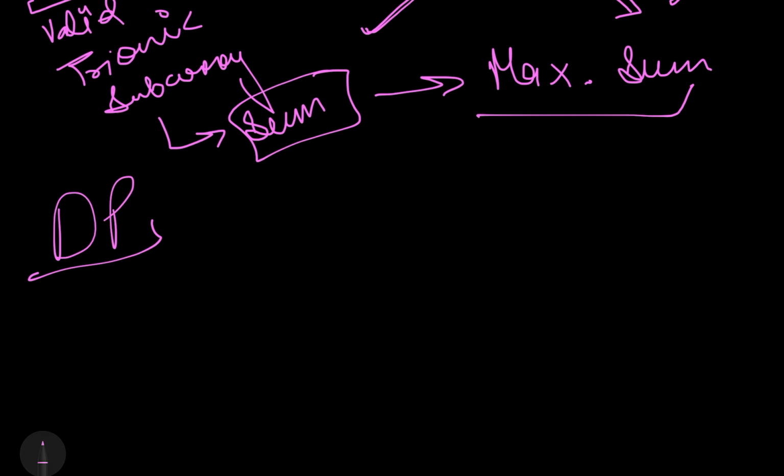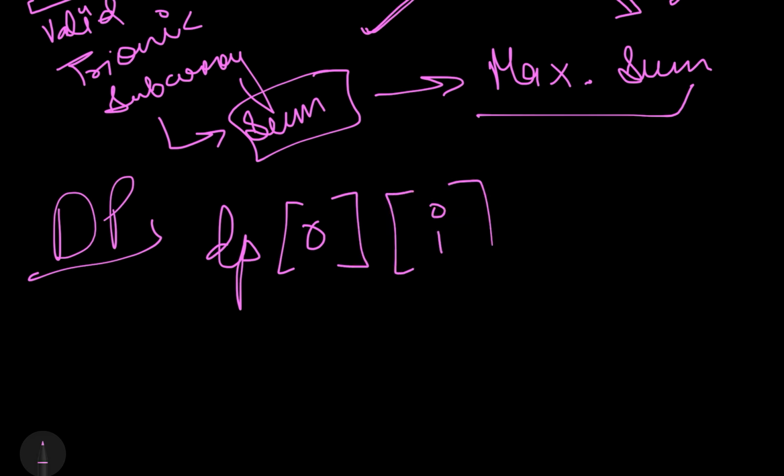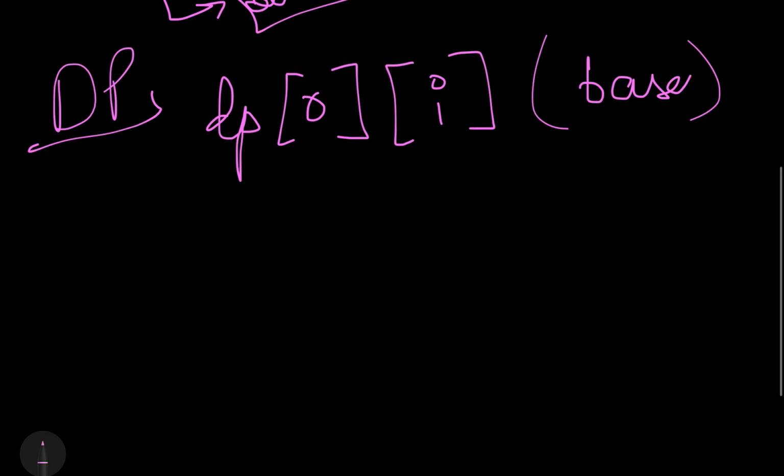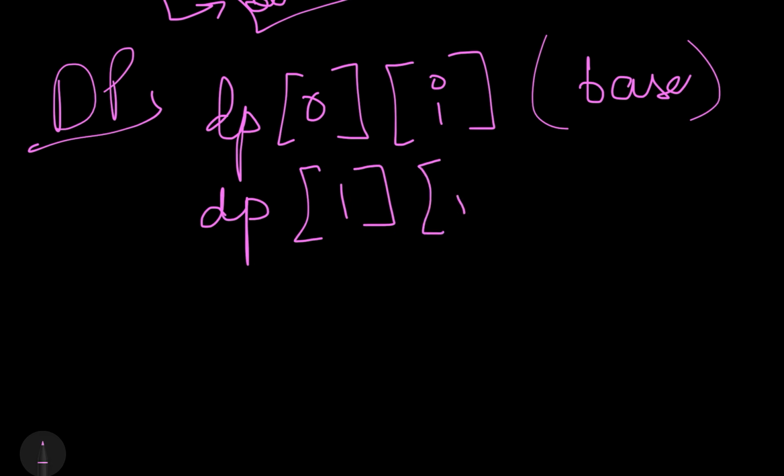We'll use four different DPs to track the phases of the trionic pattern ending at index I. Suppose we start from 0 to I, this is the single element, and this would be our base. Now we'll have 1 to I, which will give us the strictly increasing phase.